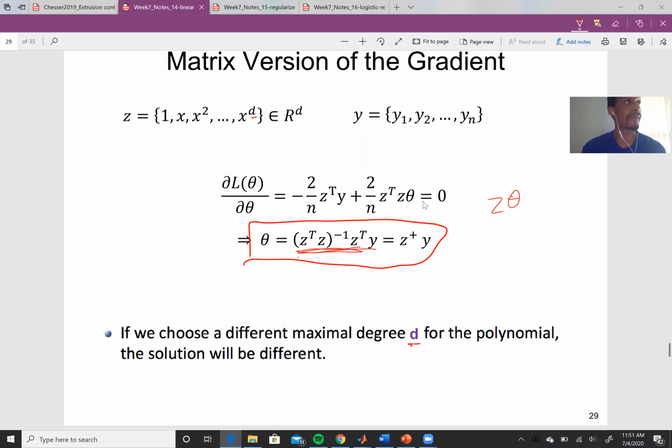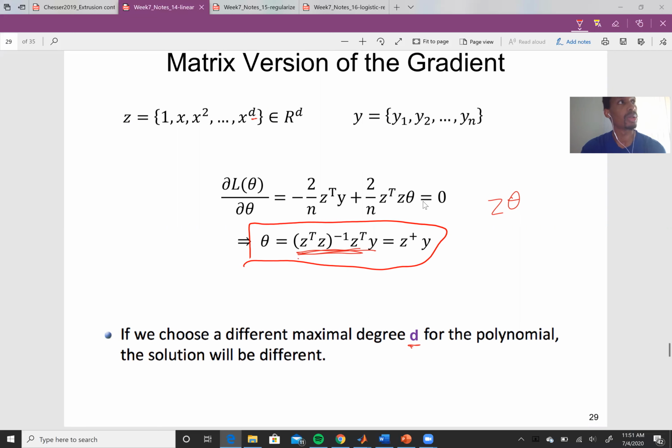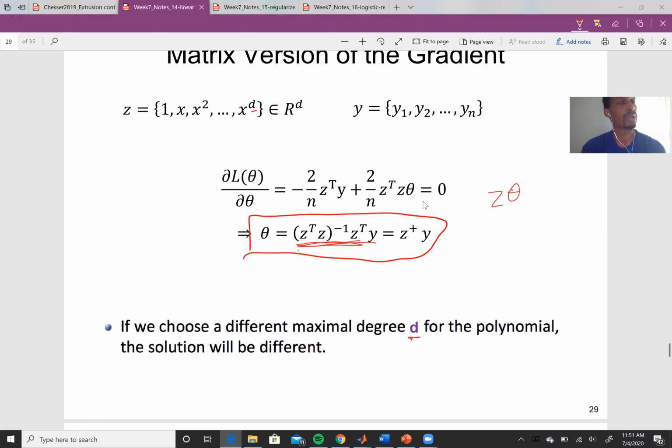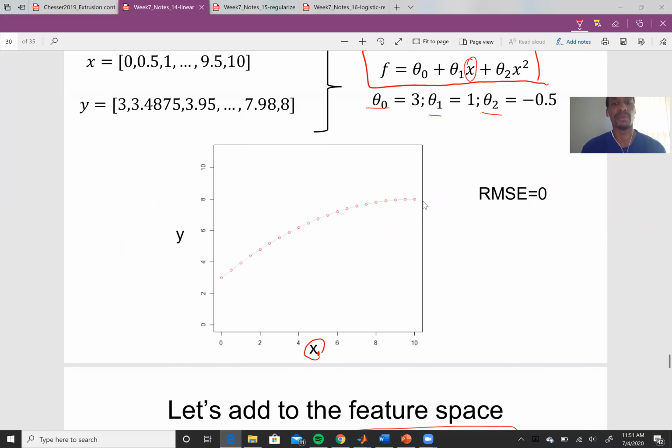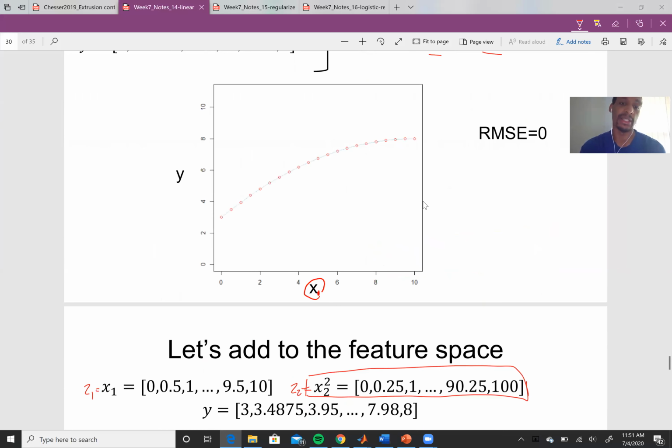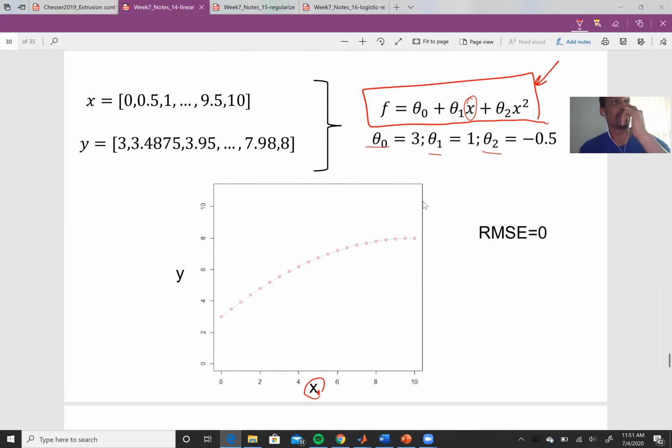So if you have multiple data, yeah, so this is for one feature, right? X. So I'm trying to think about how it would map to multiple features.